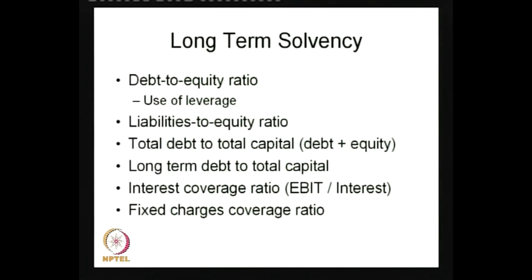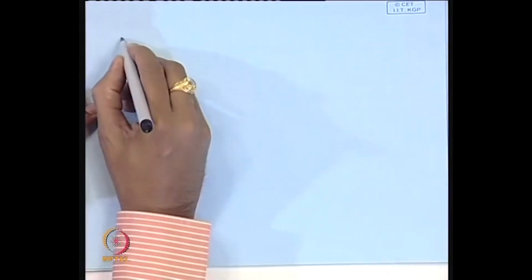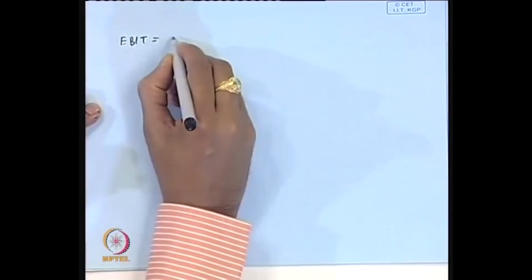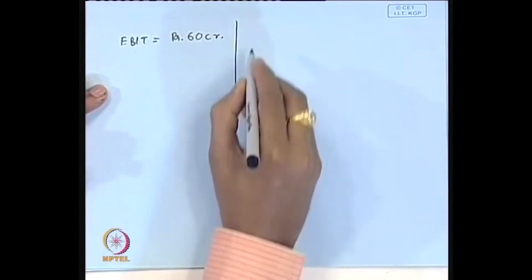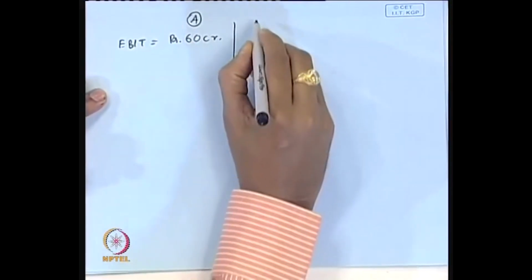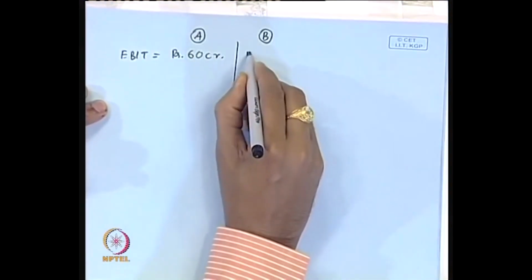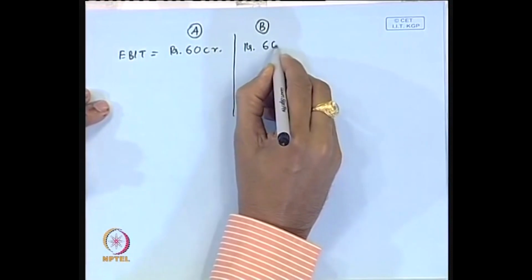Next another important ratio is called the interest coverage ratio. In the interest coverage ratio we take earnings before interest and tax divided by interest. Suppose earnings before interest and tax for company A is rupees 60 crore, and for company B is also 60 crore.